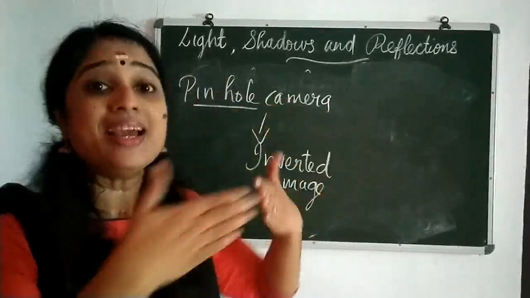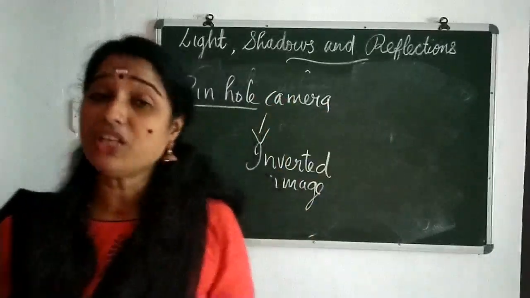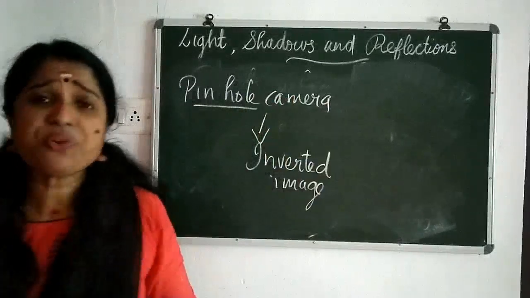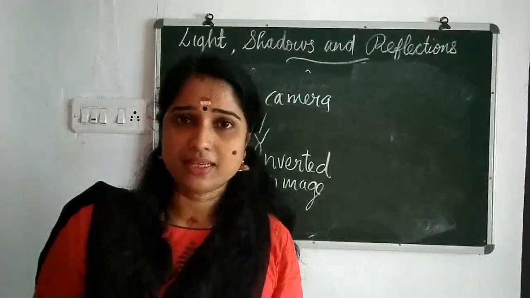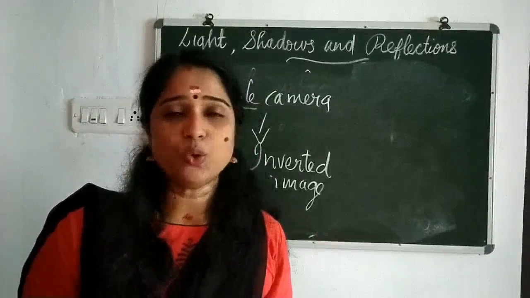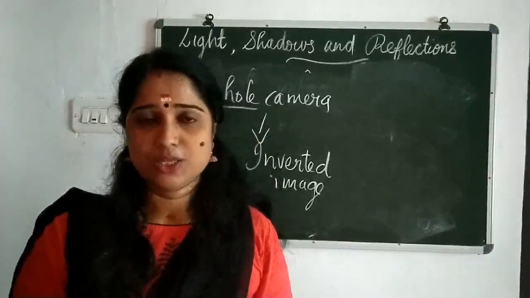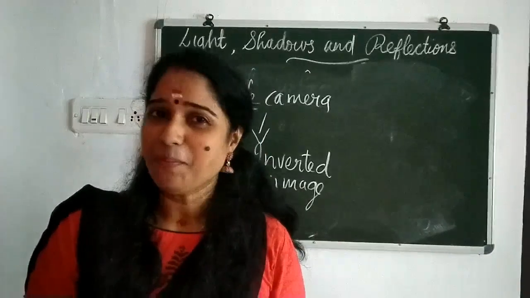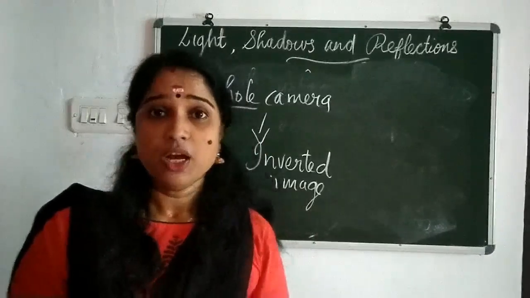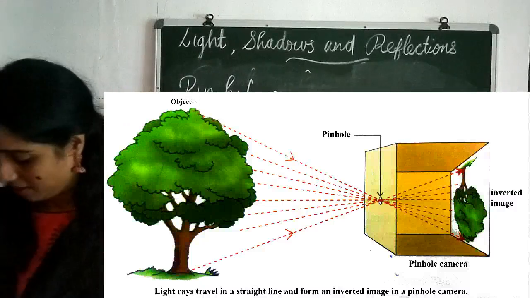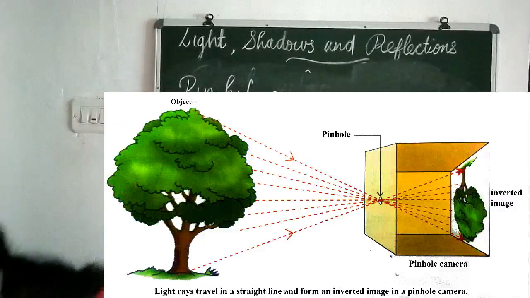Yes, directly it reaches, and the image is formed in the tracing paper kept inside. That is it. But the image is always in which manner? Inverted image. Clear? Yes. So, try to make the pinhole camera by yourself. Now, look at the board and you can see the image formed in the pinhole camera.